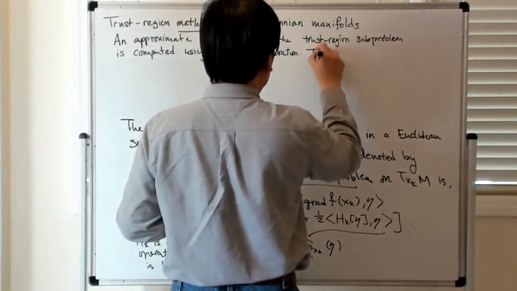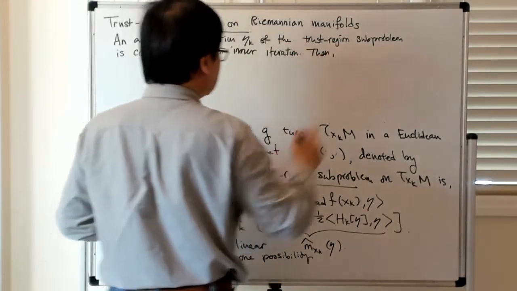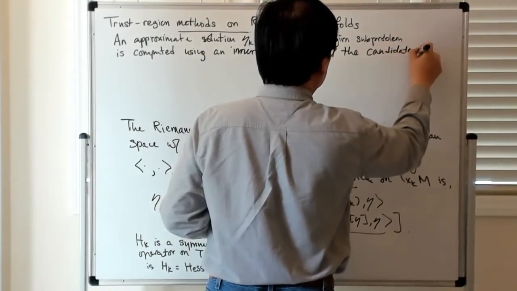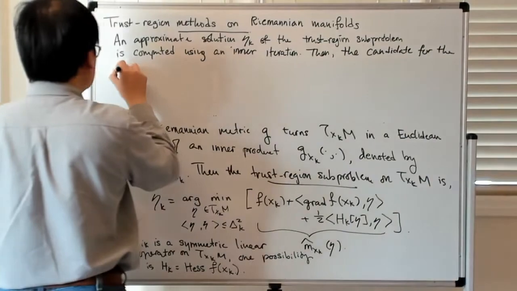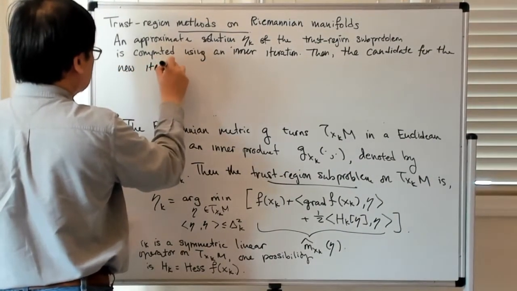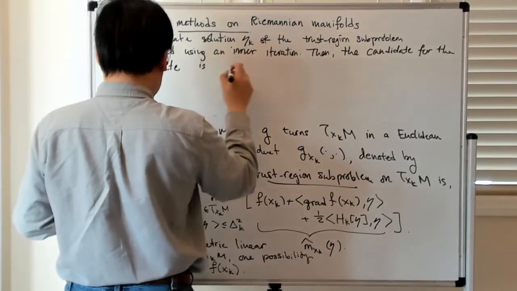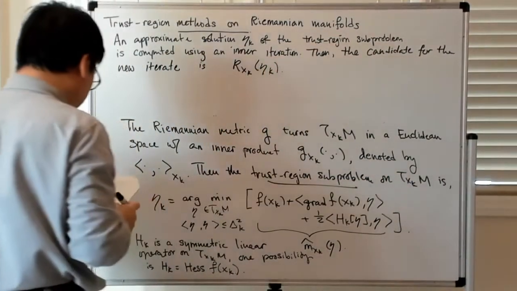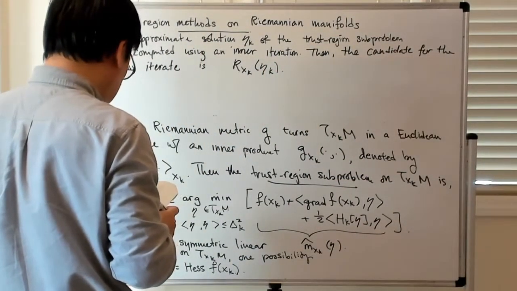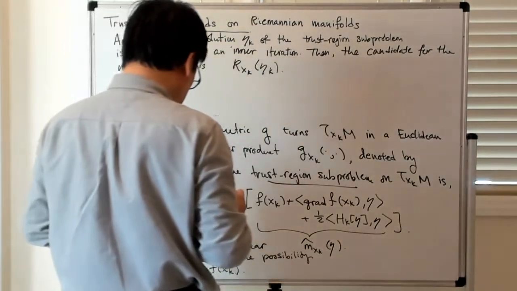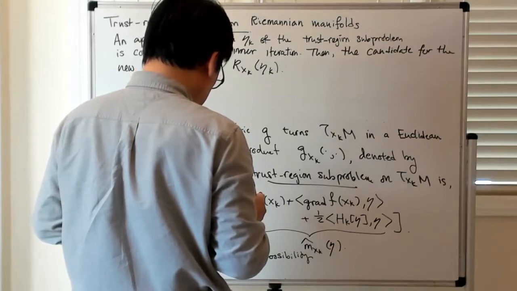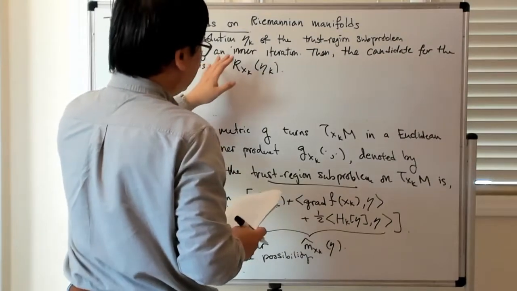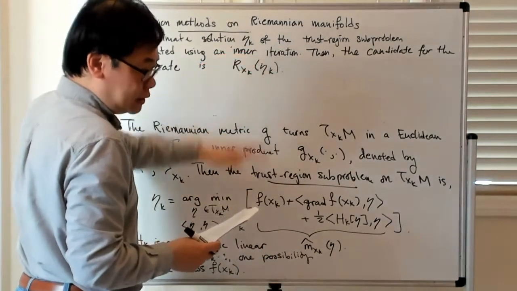Then the candidate for the new iterate is the retraction at xk applied to this eta k. It turns out that many of the standard iterations for the Euclidean problem can be extended to this case here.